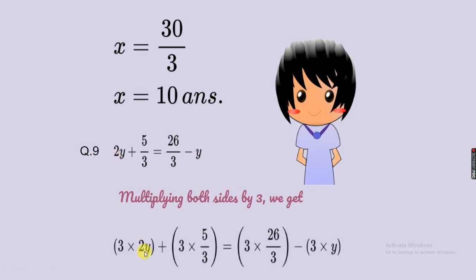We get 3 into 2y plus 3 multiplied by 5 upon 3 is equal to 3 multiplied by 26 upon 3 minus 3 into y. Okay, now here 3 ones are 3, 3 ones are 3, 3 got cancelled with 3.